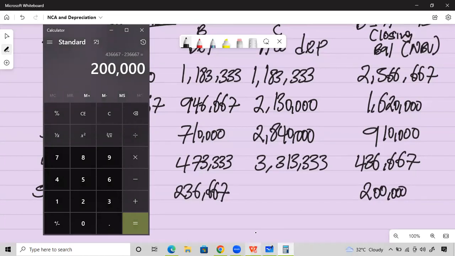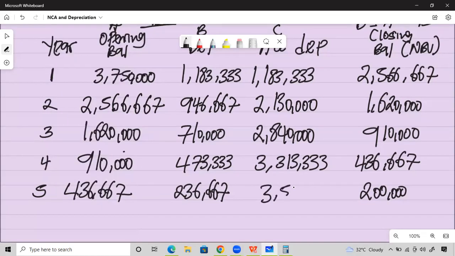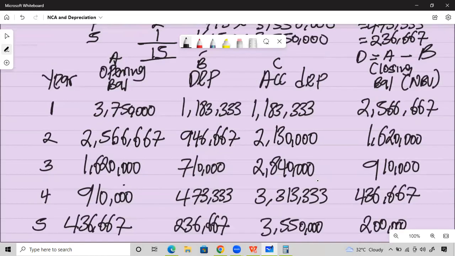This is what I'm deriving. This is what I'm trying to do. That's why I finished this question. So if I say 313 plus 236,667, we have this. You can see that the closing balance in this particular schedule is the same thing as the scrap value. It has to be the same.